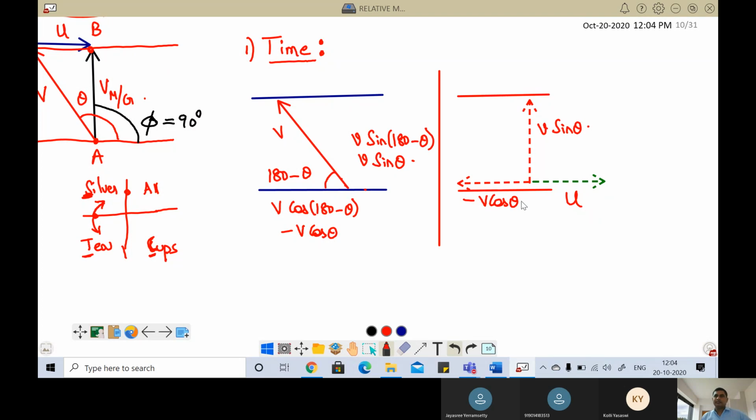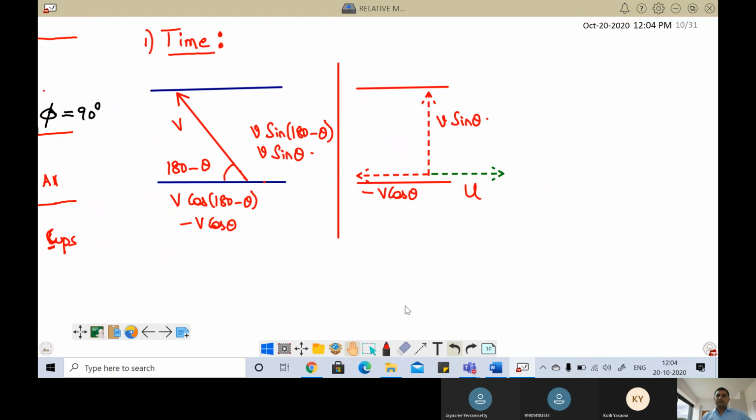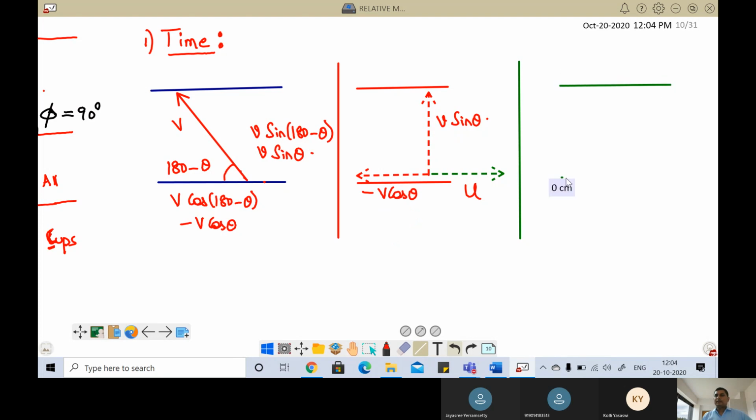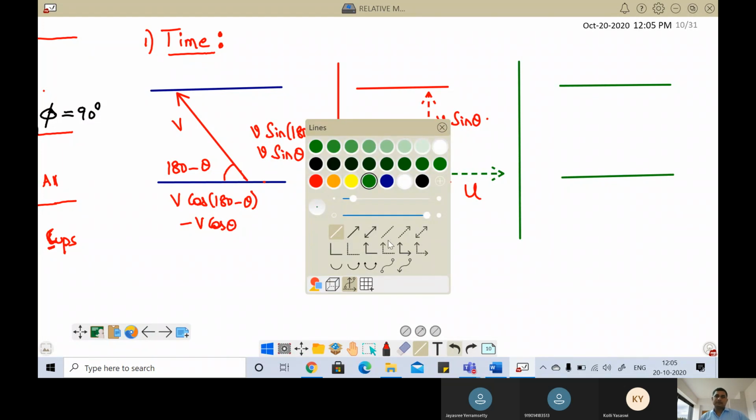This is u, and this is minus v cos theta, so the net direction will be towards the right side.